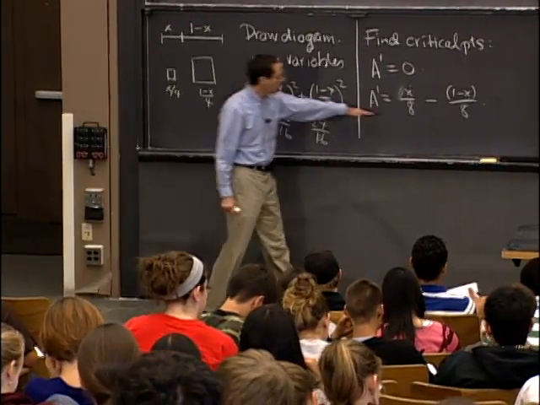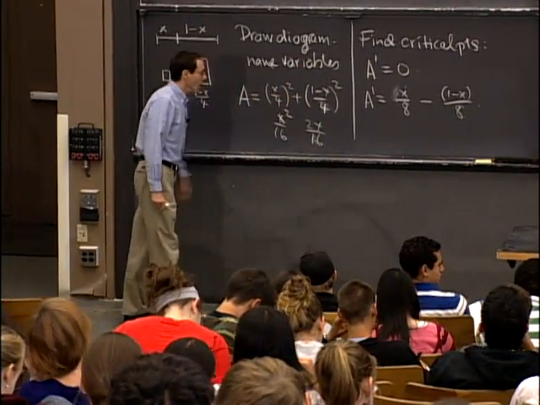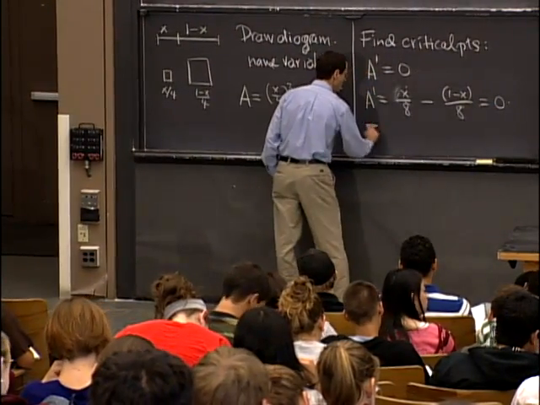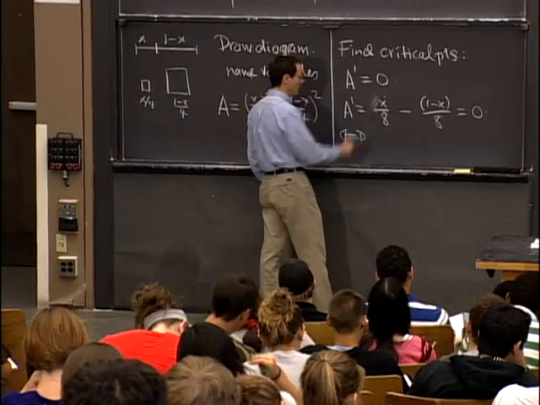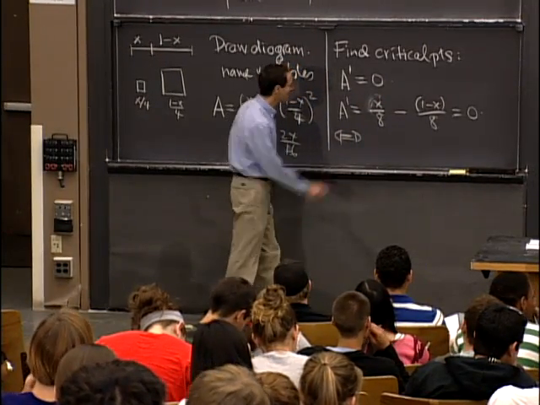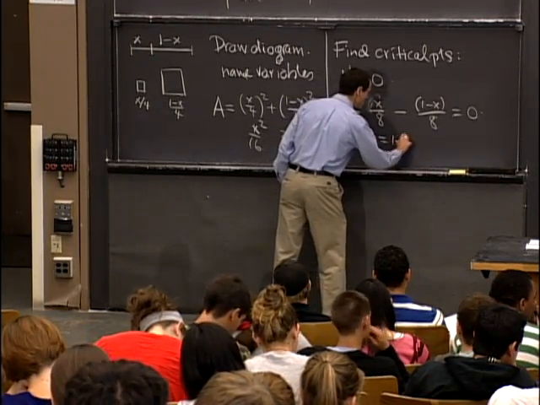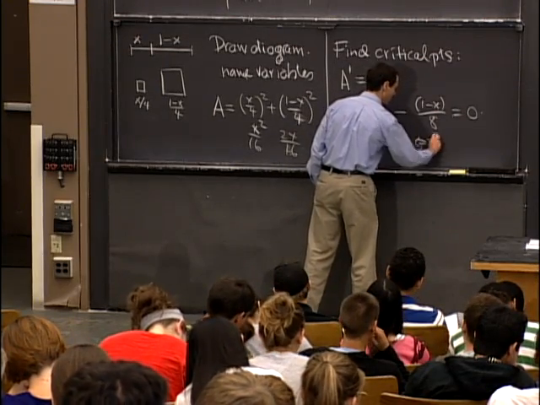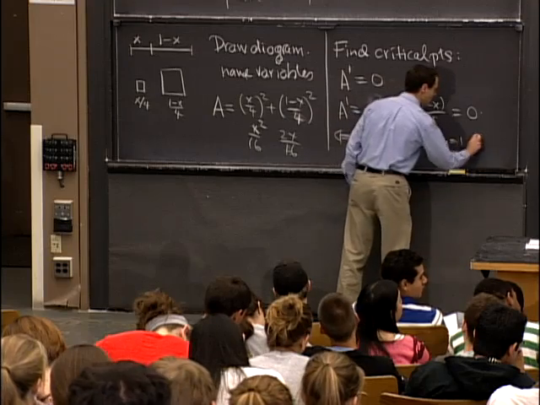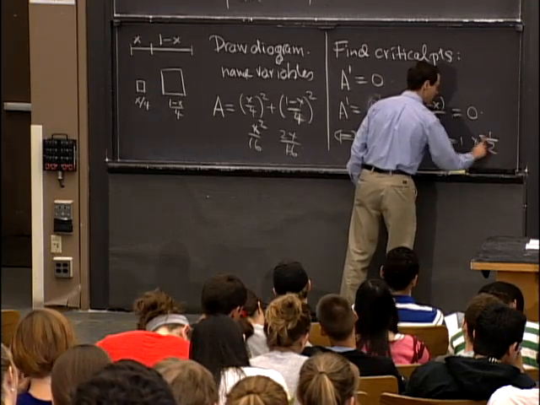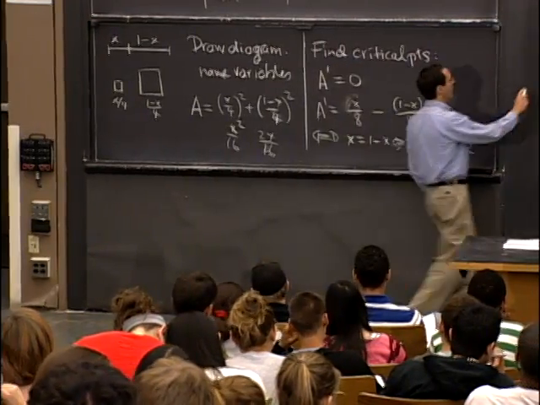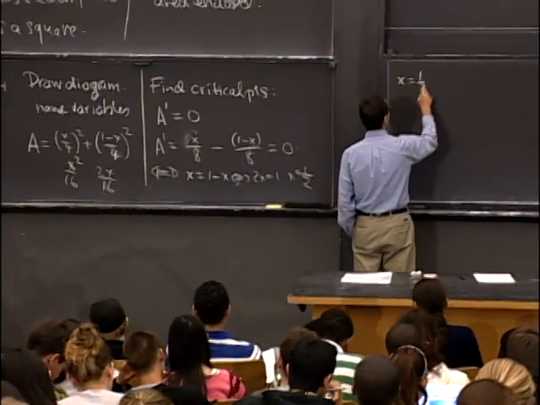Now, this is equal to 0 if and only if x is equal to 1 minus x, that's 2x is equal to 1, or in other words, x is a half. So there's our critical point. So x equals a half is the critical point.